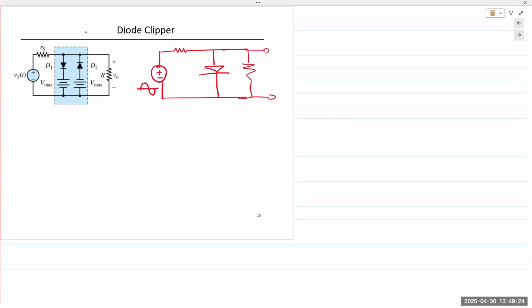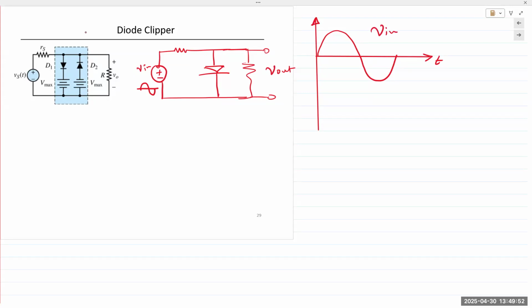And let's just, for simplicity's sake, apply a sine wave. So there's a sine wave going in. So this is V in.